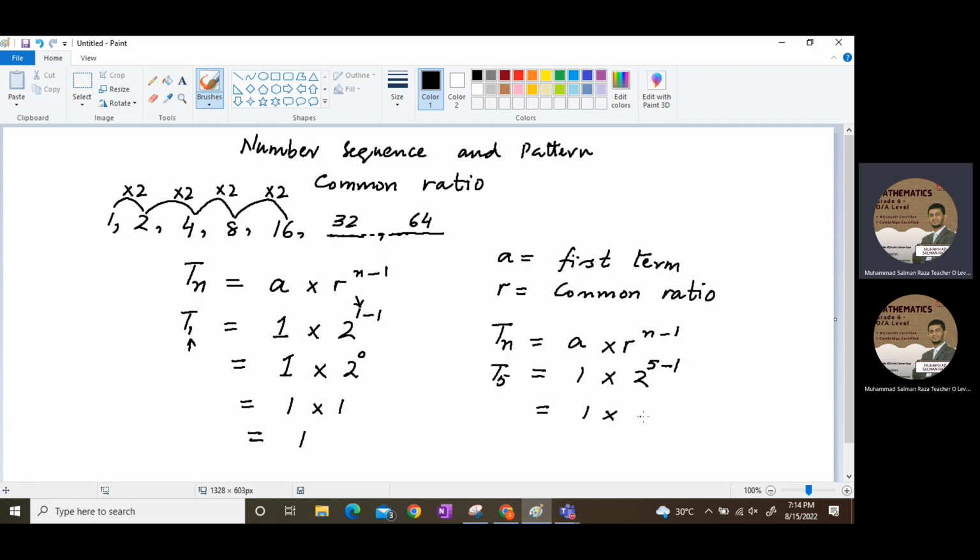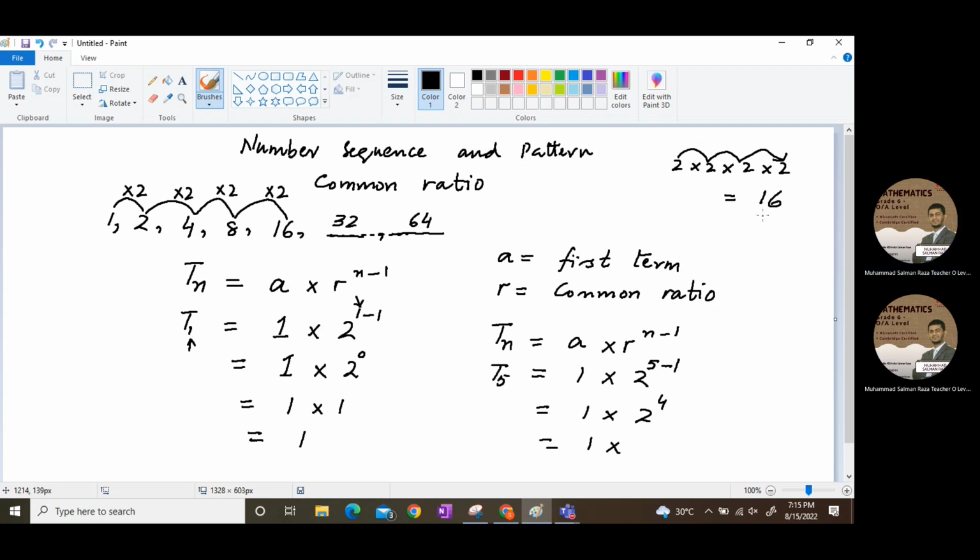It is going to be 1 times 2 to the power 4, and 2 to the power 4 means 2 multiplied by 2 multiplied by 2 multiplied by 2. 2 twos are 4, 4 twos are 8, and 8 twos are 16. Let us check whether the fifth term is 16. First term, second term, third term, fourth term, and fifth term. Congratulations, the fifth term is 16. So this was the best way of finding any number.